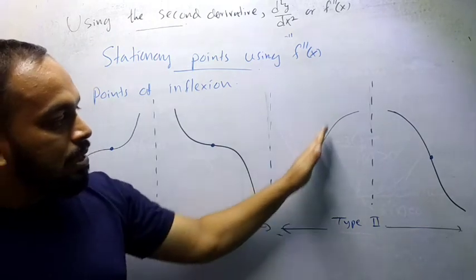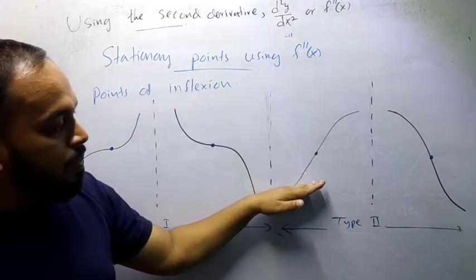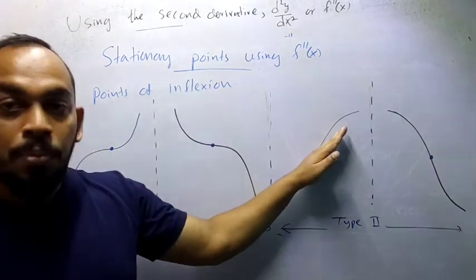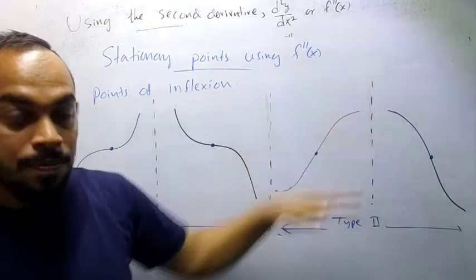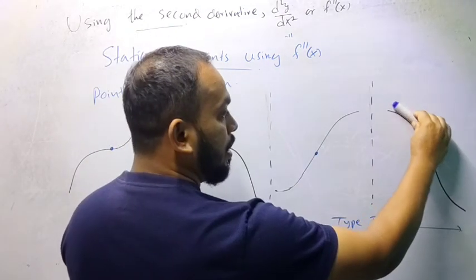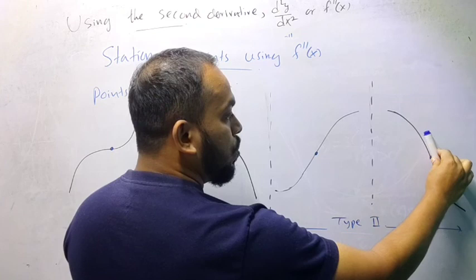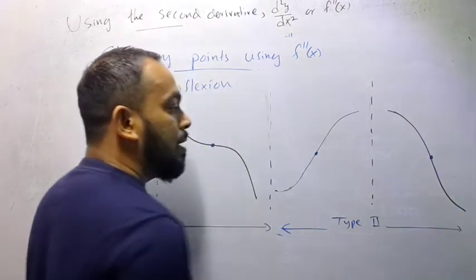In this inflection you can see the derivative is positive, positive, positive, positive. It's not equal to 0 at this point. Again it's positive. Here the derivative is negative, negative, negative, negative, negative. It comes to a certain point, then again it is still negative.